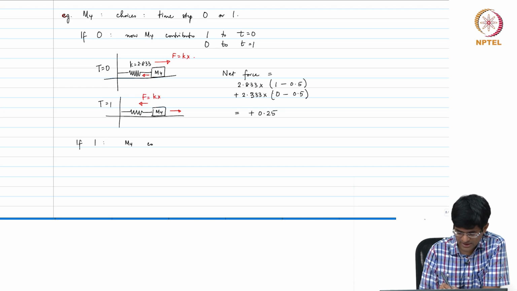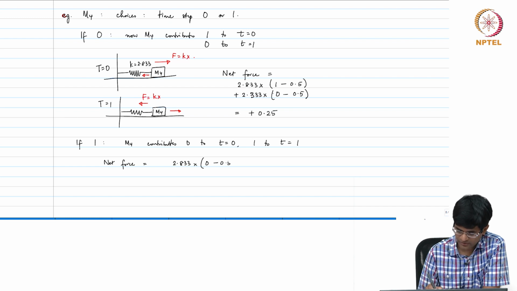M4 now contributes 0 to t equal to 0 and 1 to t equal to 1, right, which means that the net force is going to be equal to 2.833 into 0 minus 0.5, right.